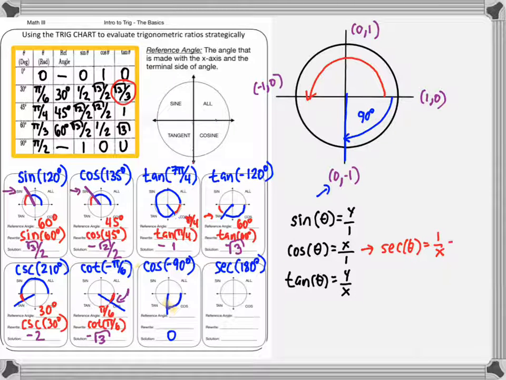So I go 1 divided by a negative 1, which gives me a negative 1 here, because the x value that it's pointing to is negative 1. So anytime the terminal side of the angle falls on an x or y axis, you can just use the x and y value, and that's the easiest way to knock those out.